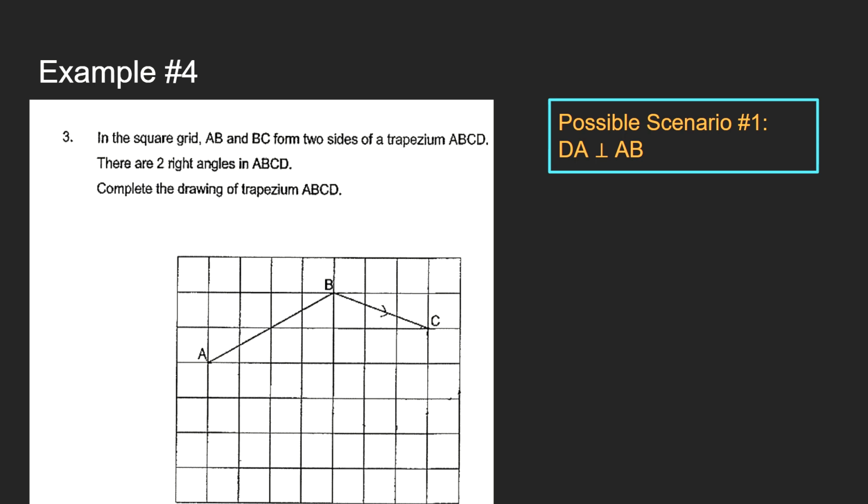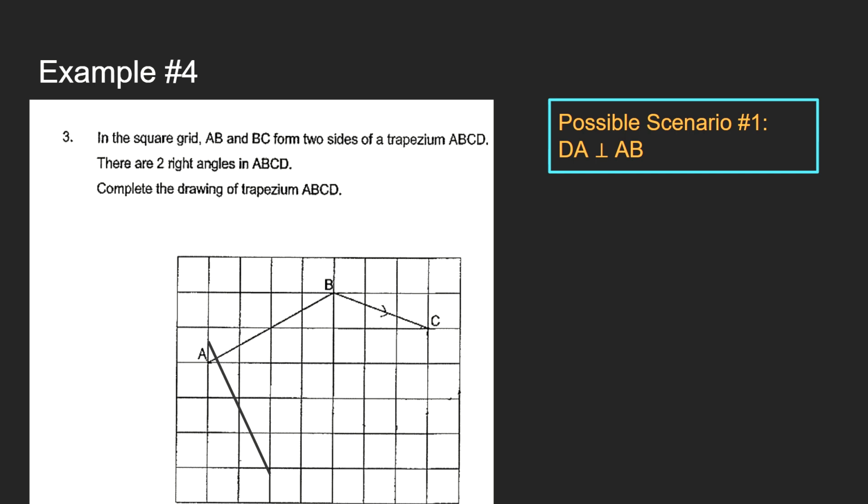Possibility 1: DA, the side that's not drawn, is perpendicular to AB. How do we draw a perpendicular line? Let's recap. We identify the line, outline it, and then flip it to connect it.